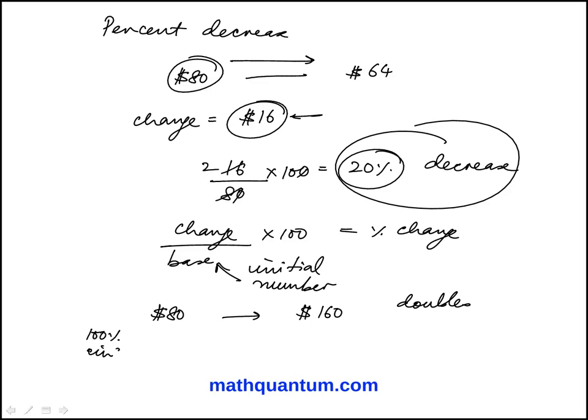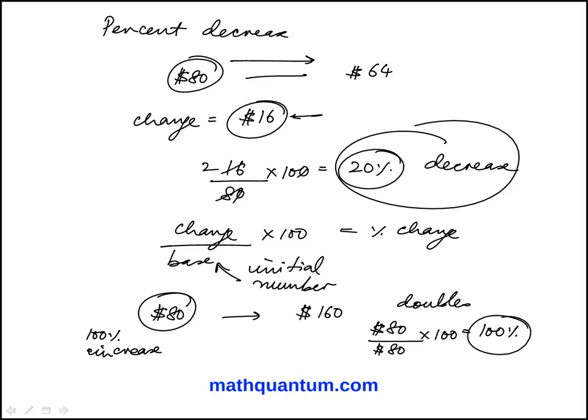I should say 100% increase. Because here the change is $80, and $80 as a percentage of 80, that's just 100%. So when something doubles, that's equivalent to an increase of 100%. So that completes this lesson on percents.